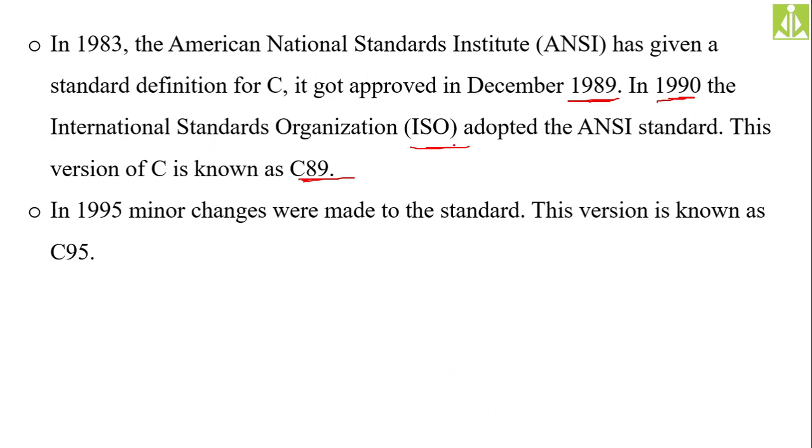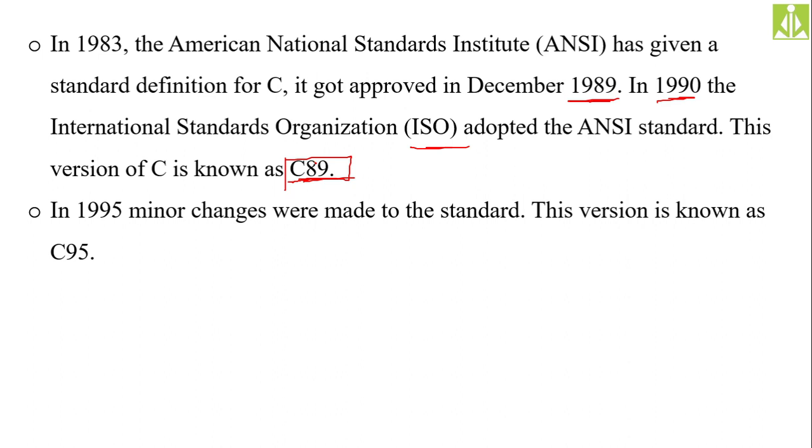This version of C is called C89. Remember this name, C89, because both ANSI and ISO approved it. It also gained popularity.